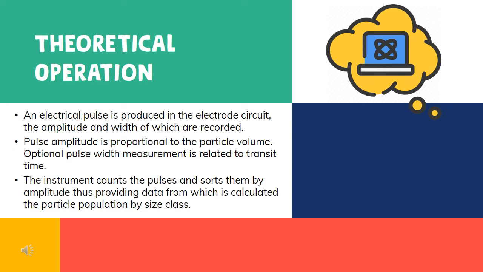An electrical pulse is produced in the electrode circuit, the amplitude and width of which are recorded. Pulse amplitude is proportional to the particle volume. Optional pulse width measurement is related to transit time. The instrument counts the pulses and sorts them by amplitude, thus providing data from which is calculated the particle population by size.